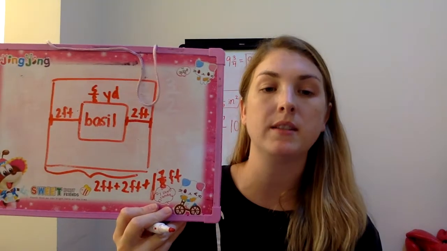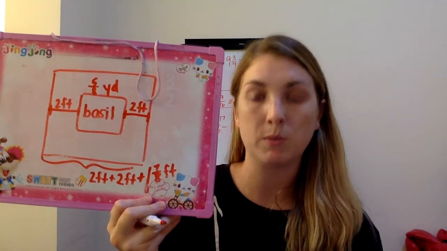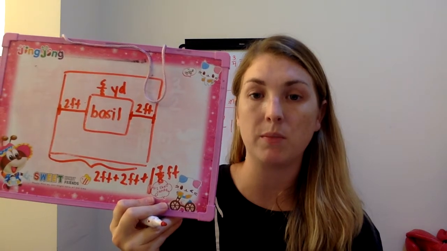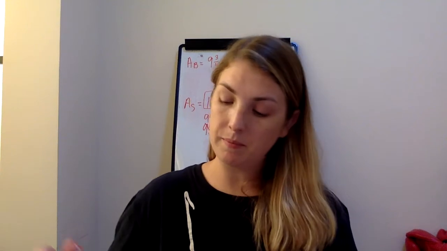To find one side, I'm going to need to add 2 feet plus 2 feet plus 1 7/8 feet. So I want you to pause the video now and do that. All right, you should have gotten 5 7/8 feet.